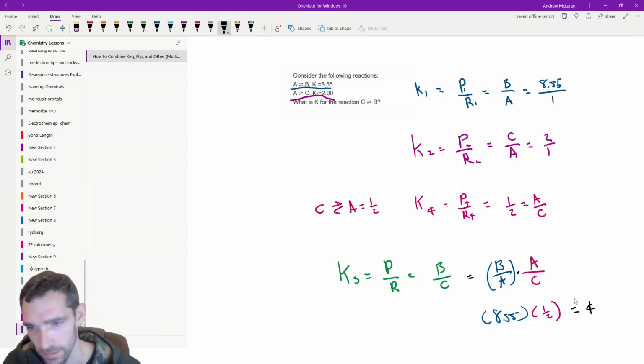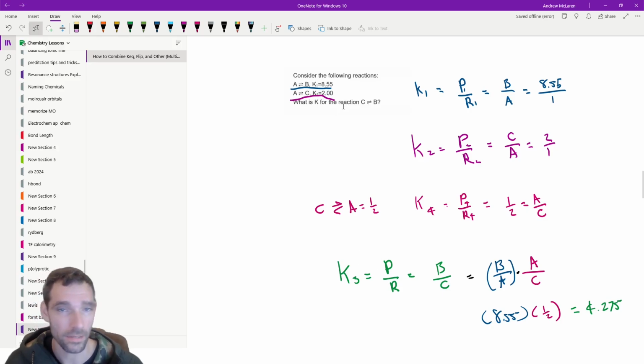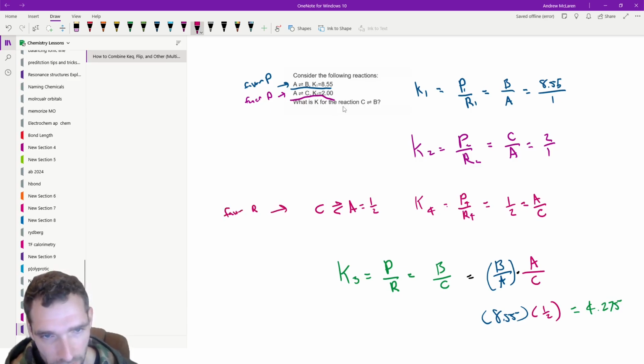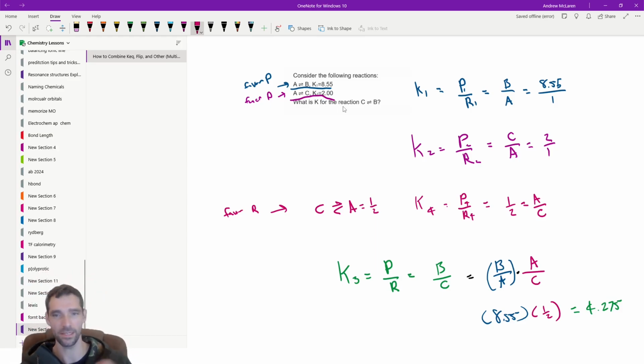So yeah, 4.275 for this K equilibrium. That's appropriate for the amount of product to reactant. In other words, this was favoring product, and this was going to also favor their product, but you need to flip it because now we're thinking of this as favoring the reactant, but it doesn't favor the reactant enough to outweigh the other bigger K expression number.